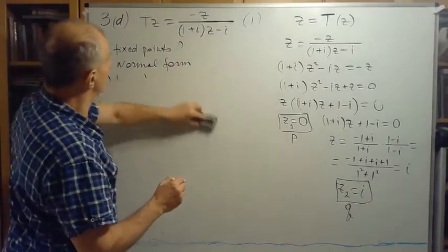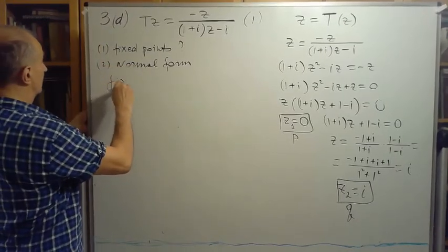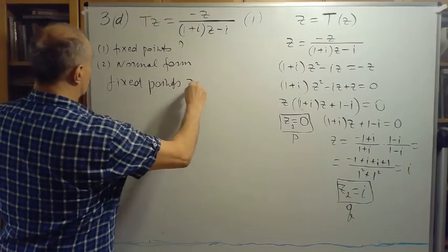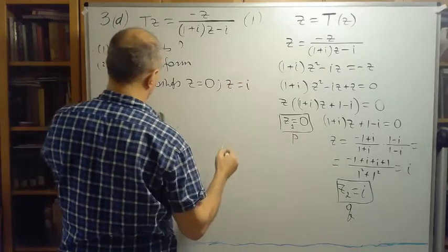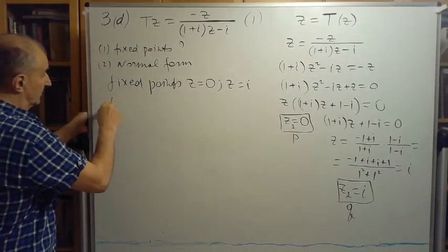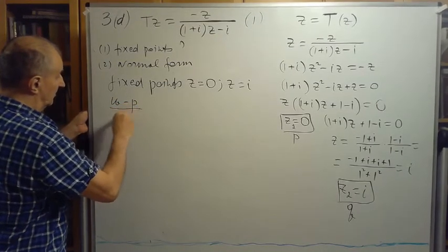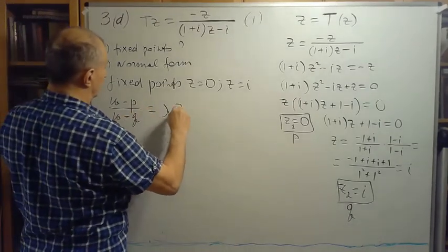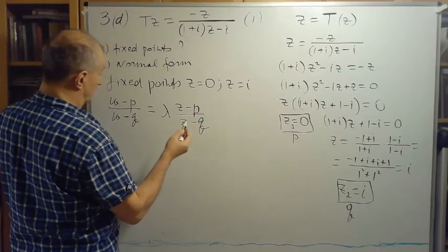So let's say fixed points z equals 0, z equals i. So how to write the normal form? Normal form is: (w minus P) over (w minus Q) equals lambda times (z minus P) over (z minus Q).